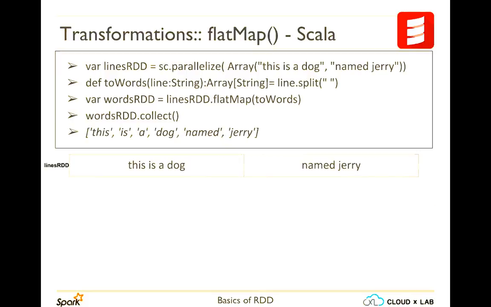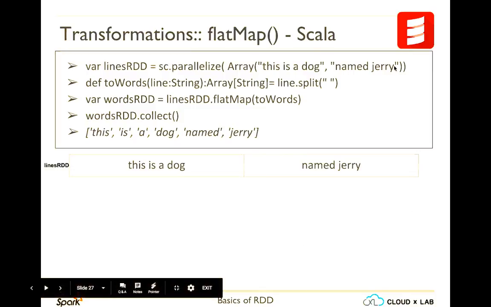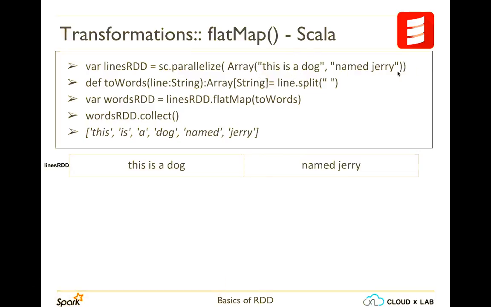So let's say we want to convert this array. This is a dog named Jerry. It has two strings. One, this is a dog. Second is named Jerry. We want to convert that into a single array. Here we defined a toWords function, which splits each line. We've already done this once. Then we are saying wordsRDD equals linesRDD dot flatMap, and then calling that function. And at the end, we are calling collect.